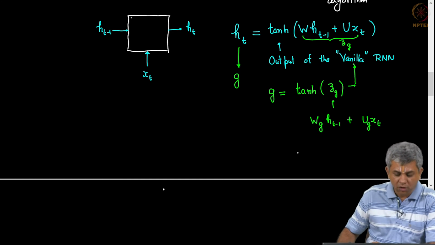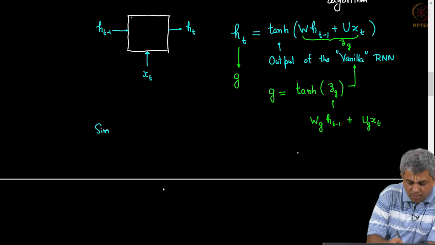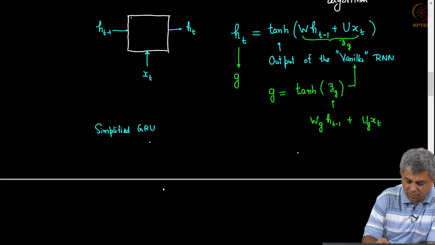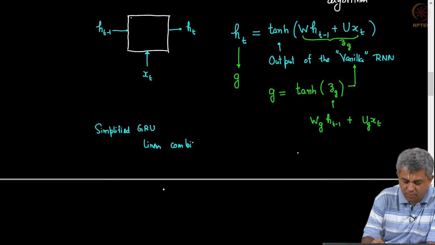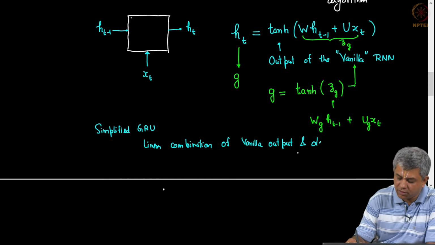So, if this is G, what is HT? Simplified GRU works in the following way. We will take a linear combination of the vanilla output and older computation.